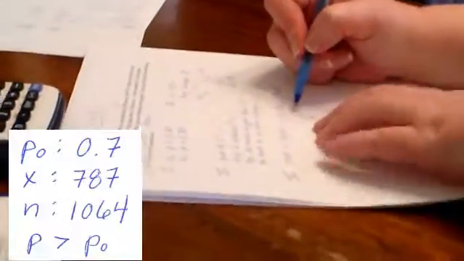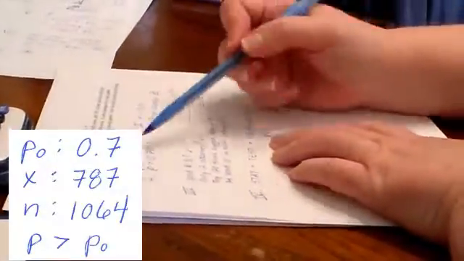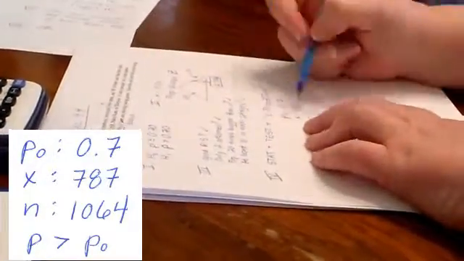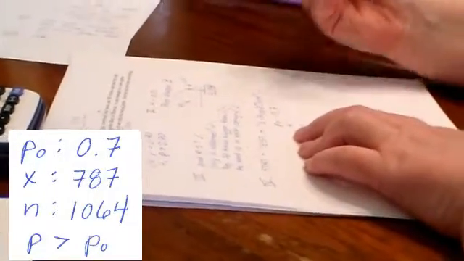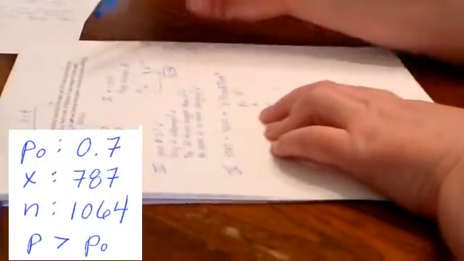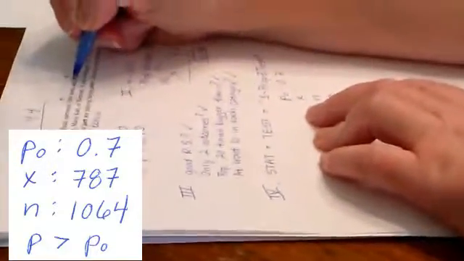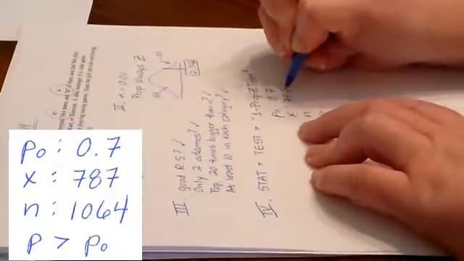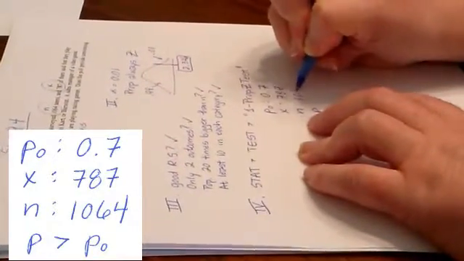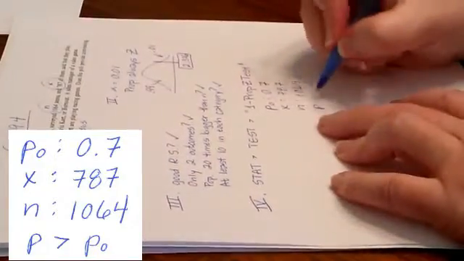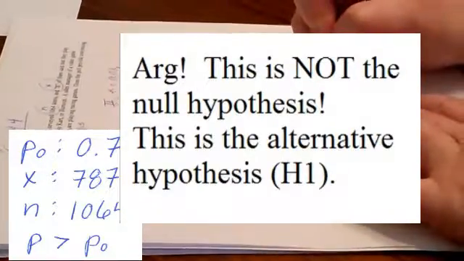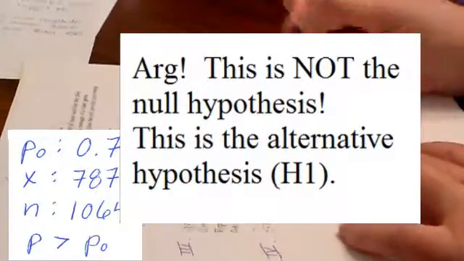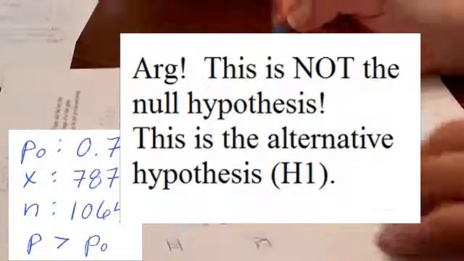All right, so P sub 0 is the value in the null hypothesis. That's 0.7. X is the number of successes, or the number of people that agreed with whatever it was we're trying to count. So X is 787. N is 1064. And my alternative hypothesis is going to be greater than P sub 0, which is that 0.7.